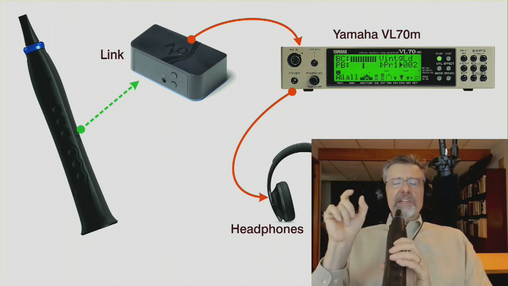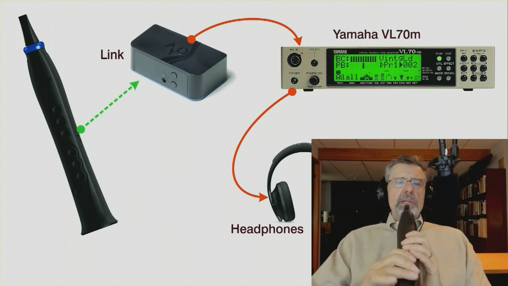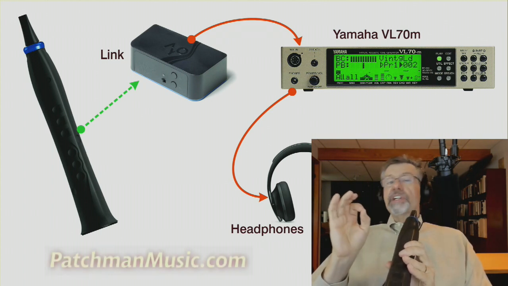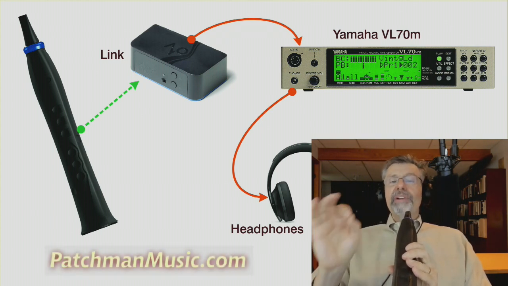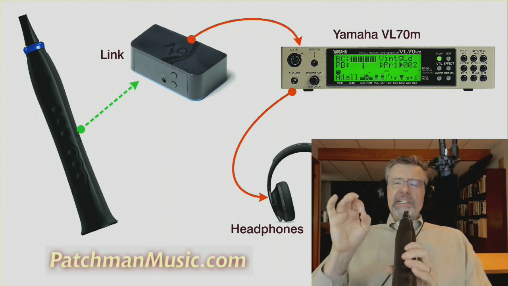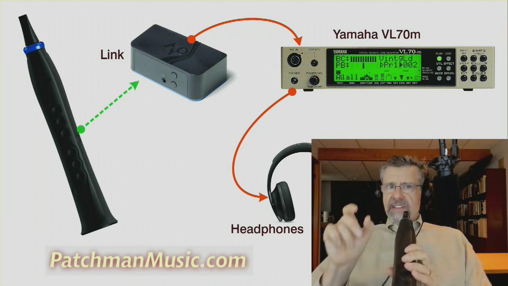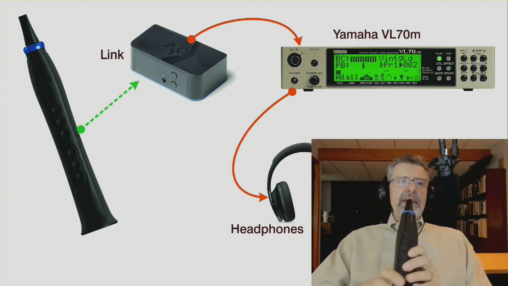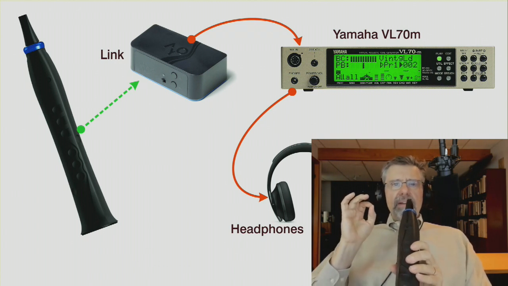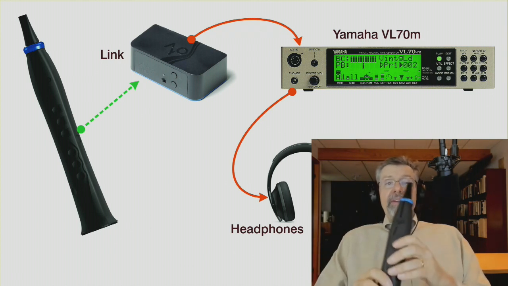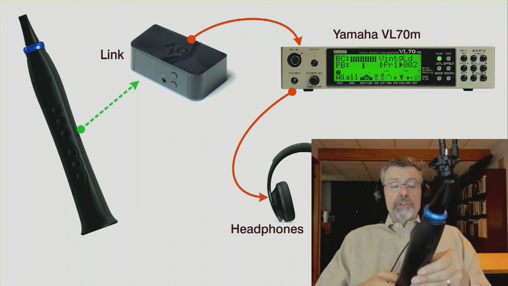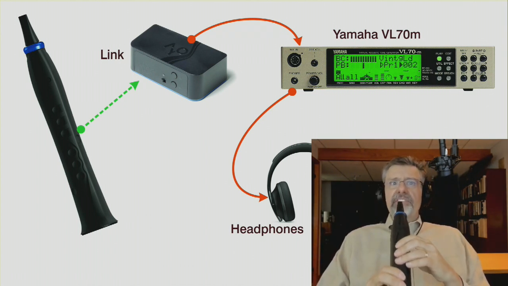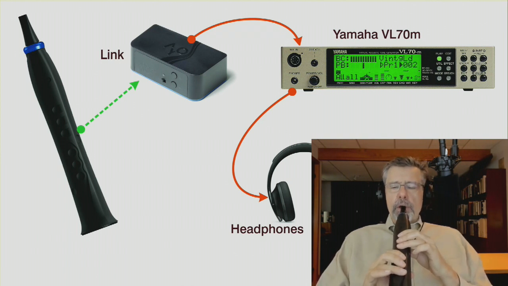A chip has been removed and a replacement chip provided by Patchman Music, a very important company in sound design. In particular, Matt Traum designed this chip that I've put in the VL70M, and it makes the unit work beautifully with the Sylphyo and wind controllers in general. Here's the sound of the clarinet from the VL70M.